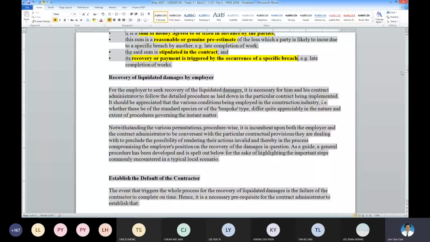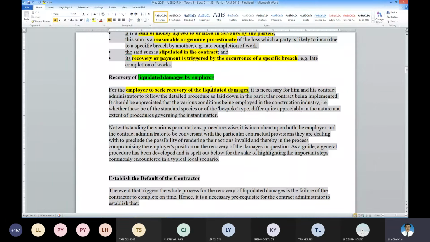So be careful, this item here on the liquidated damage, it is only the employer who has the right to exercise it, not the architect. The architect only does all the paperwork administratively under the contract, under your PAM. But once this is triggered, it is up to the employer to seek recovery of the LD.